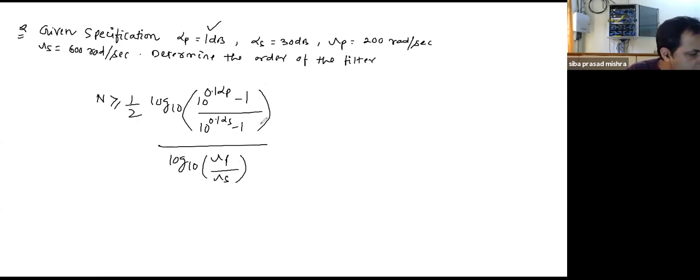If you use this formula, can you find the value of n? Let's do it first. Those having a calculator, use your calculator and tell me the value of n. It's very easy. Do it fast.